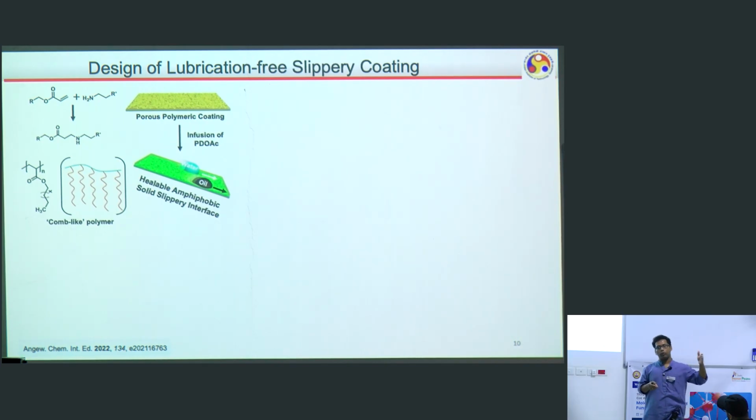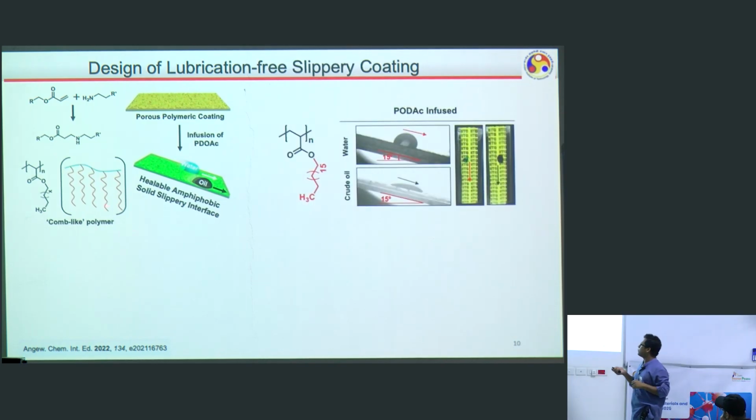It is solid at room temperature, but at a moderately high temperature like 51 or 52, it goes into a molten state. Taking advantage of this key property, we lubricated the porous polymeric coating with this polymer, and if you put water or oil, both can easily slide off, as you can see here. I'll show you some of the movie as well.